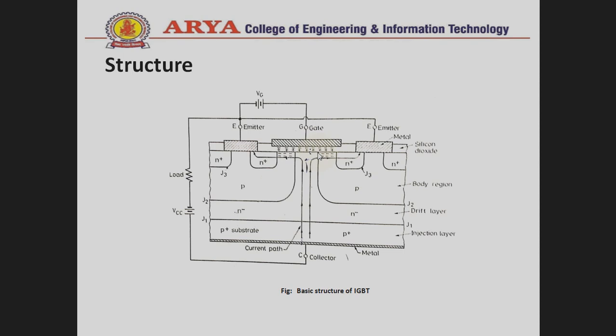With this, the injected carrier density in the N minus drift region increases considerably, and as a result, the conductivity of the N minus region is enhanced, and the IGBT comes in the on state. In the IGBT, the current is due to both holes and electrons.